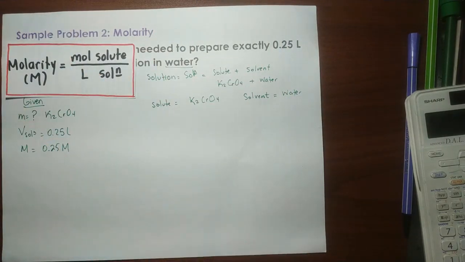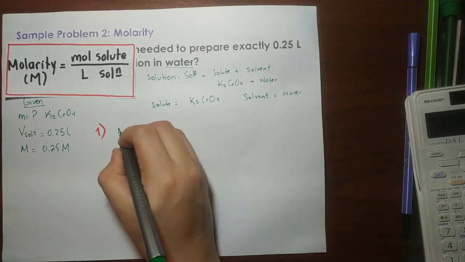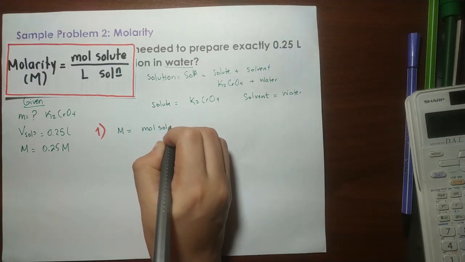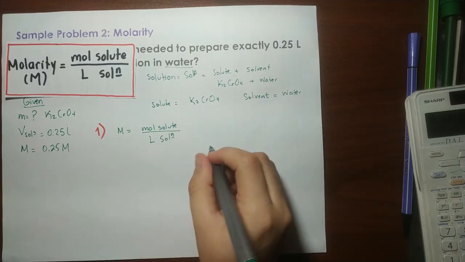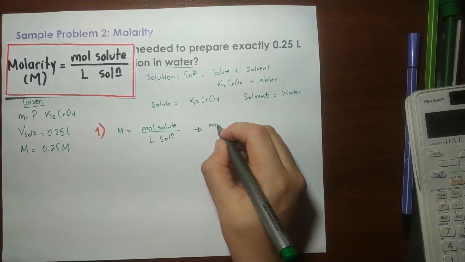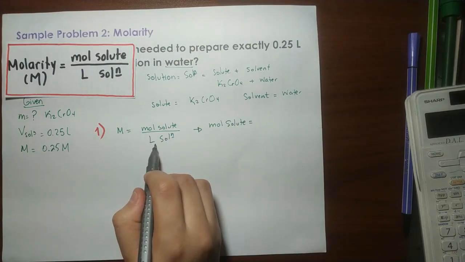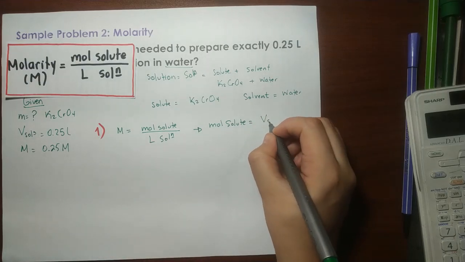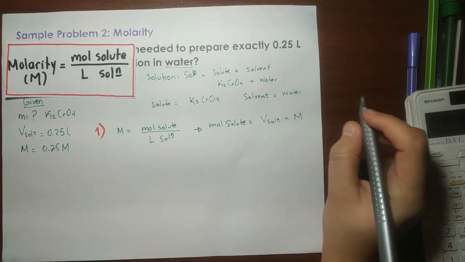So I say, in the first part, I have molarity equals moles of solute divided by liters of solution. So I want to know the moles of solute, so it will be equal to, this was divided, goes to the other side to multiply, volume of solution times the molarity.